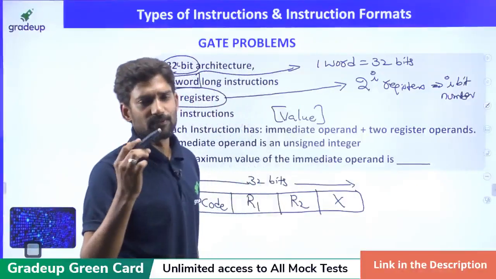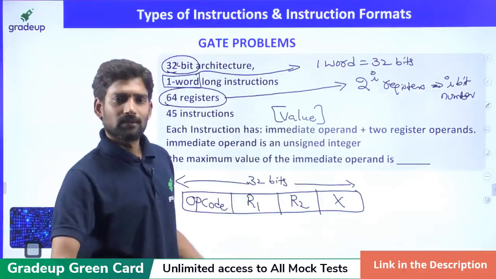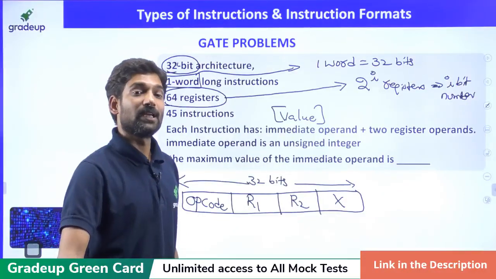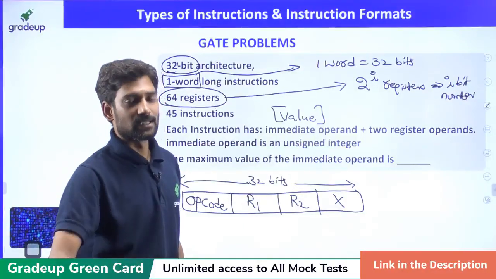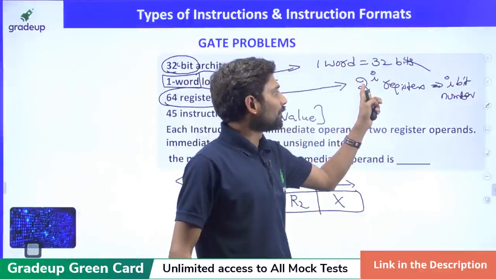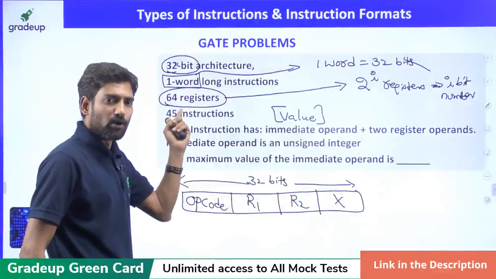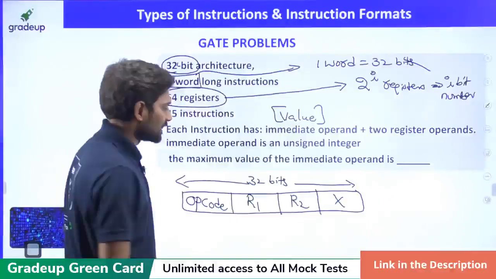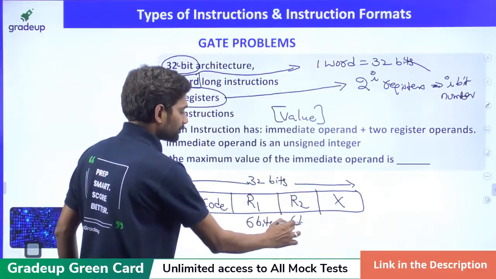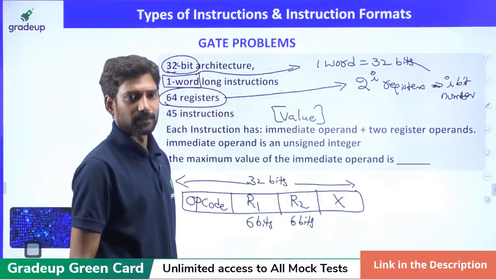Like if you have 2 bits: 00, 01, 10, 11, you can give different numbers for 4 registers. If you have 3 bits, you can give 8 registers. So if you have i bits, 2^i registers are possible. What is 2^i? 64. So what is i? 6. So every register will have a 6-bit number. R1 will have a 6-bit number, R2 will have a 6-bit number.